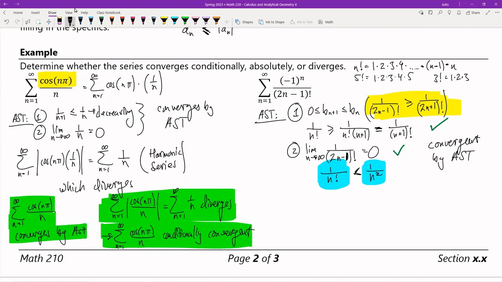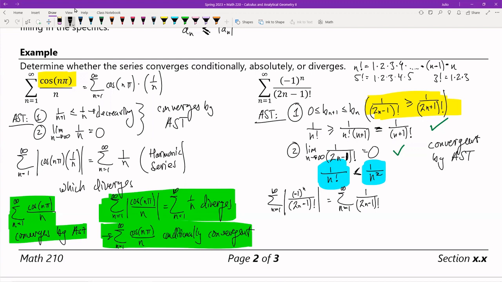The next one, I need to show this: the sum from n equals 1 to infinity of the absolute value of (minus 1) to the n over (2n minus 1) factorial. This is now the sum to infinity of 1 over (2n minus 1) factorial.